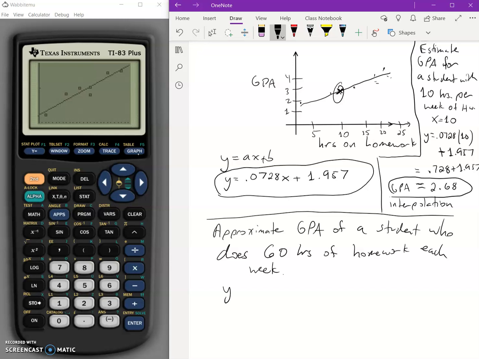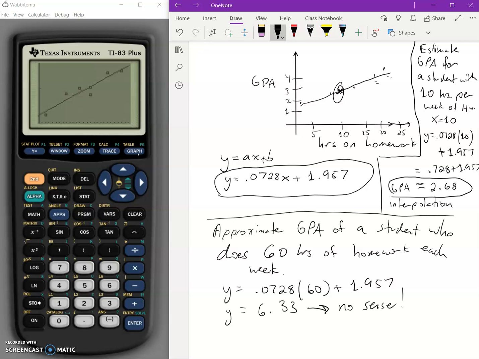So we'd be having y is equal to 0.0728 times 60 plus 1.957, and so we get a GPA that is roughly 6.33. Now, obviously, this makes no sense. Right? If you do 60 hours of homework each week, I doubt you have a very good GPA because that's way too much time.